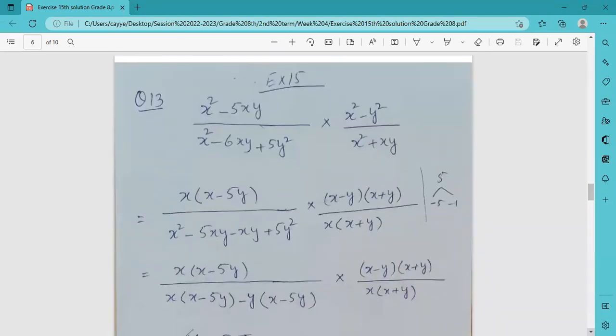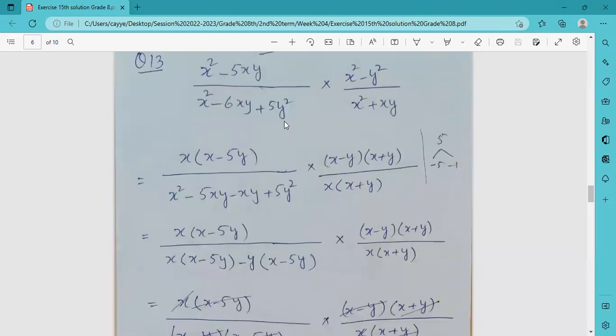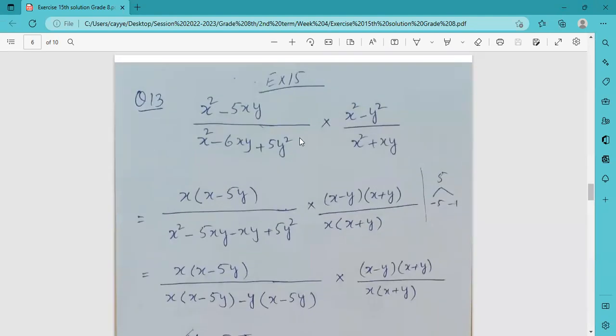Question 13, x square minus 5xy and x square minus 6xy plus 5y square. It is clearly mentioned. If you see, you are now experienced students, you can see that there are three terms.